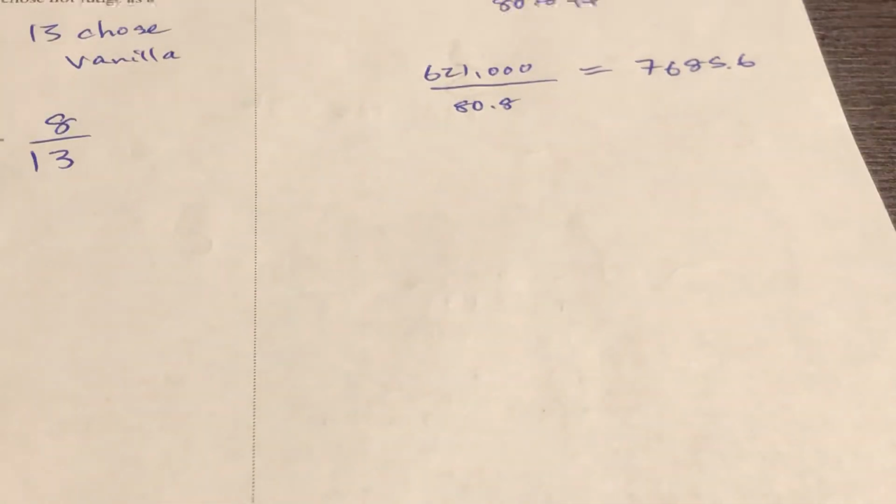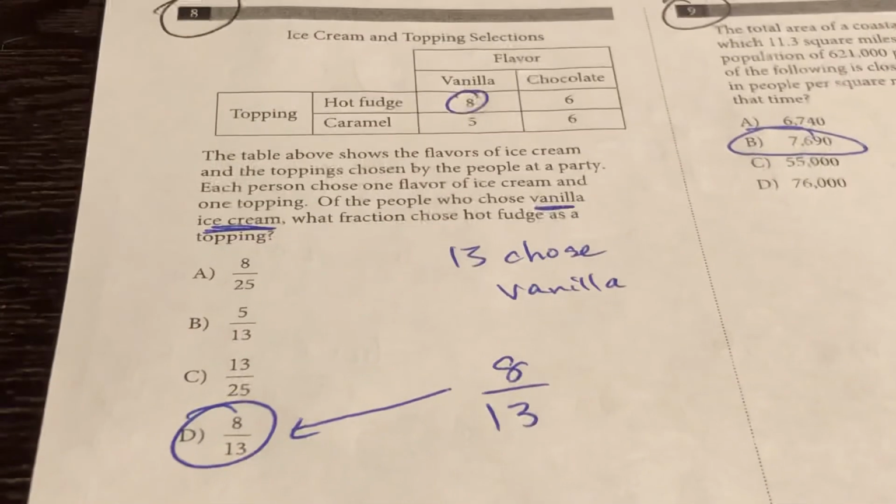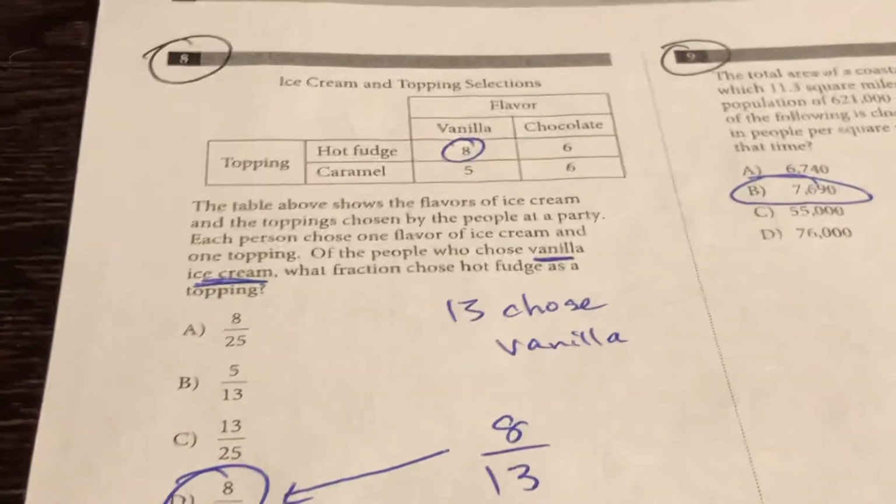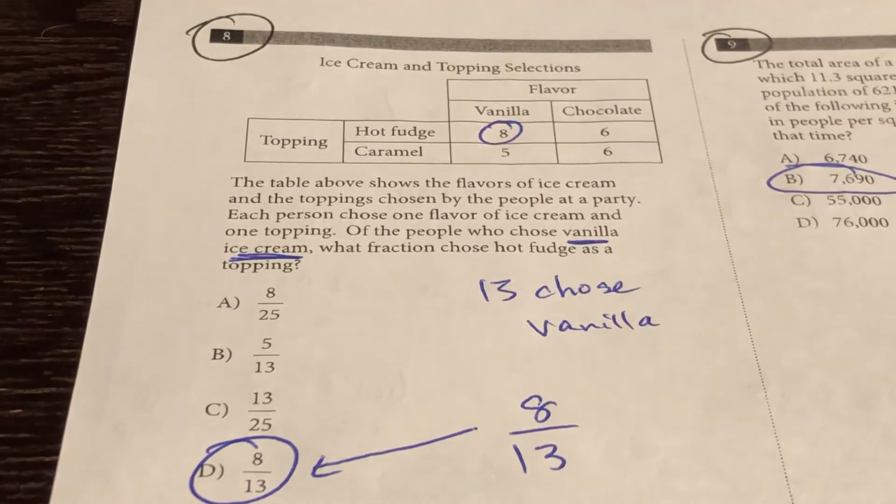Okay. And the last one that I will do with you here, and then I will conclude our videos. This has a 54 at the bottom, so we'll call it page 54. The table above shows the flavor of ice creams and toppings chosen by people at a party. Each person chose one flavor of ice cream and one topping.